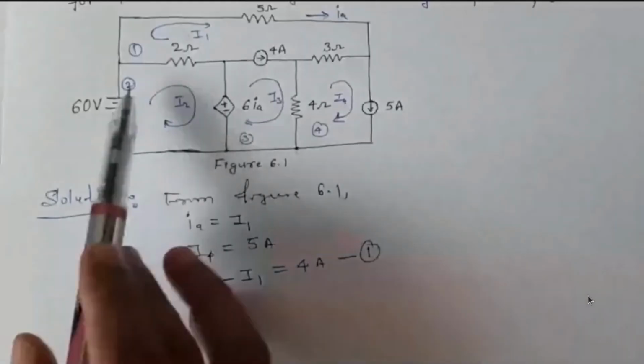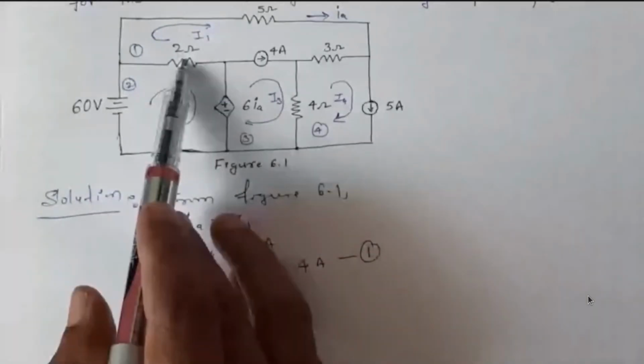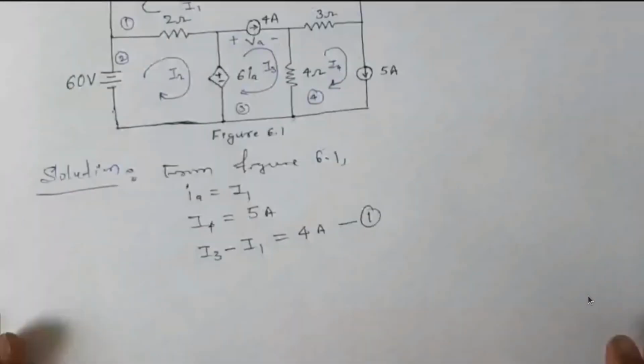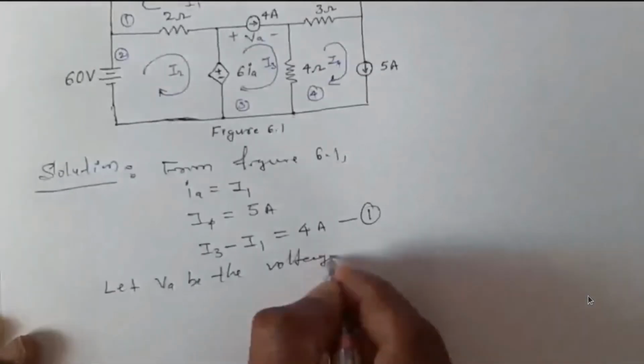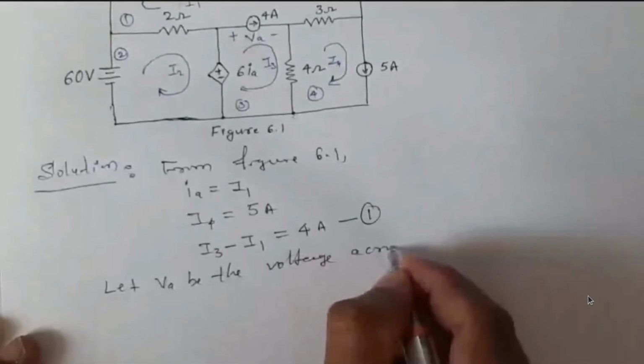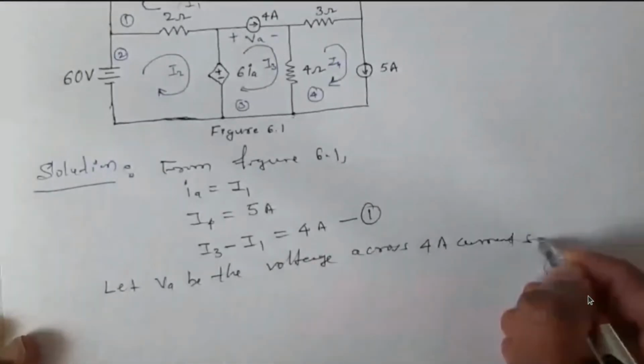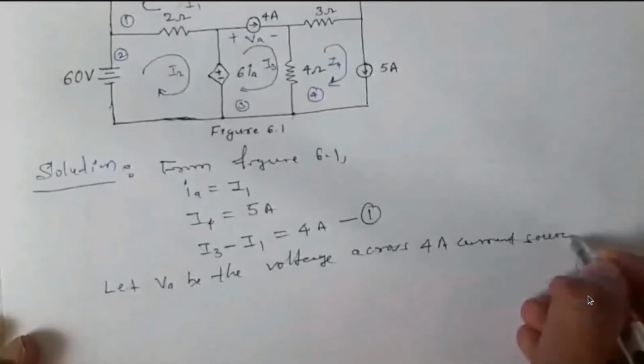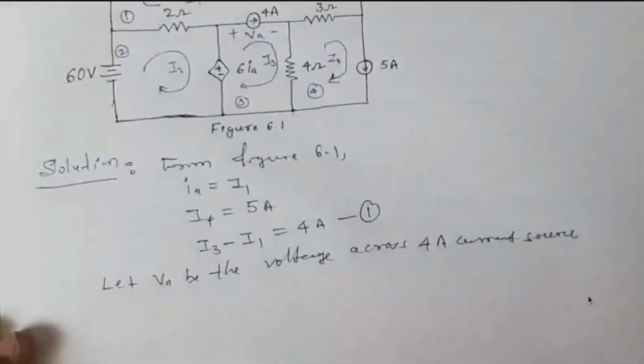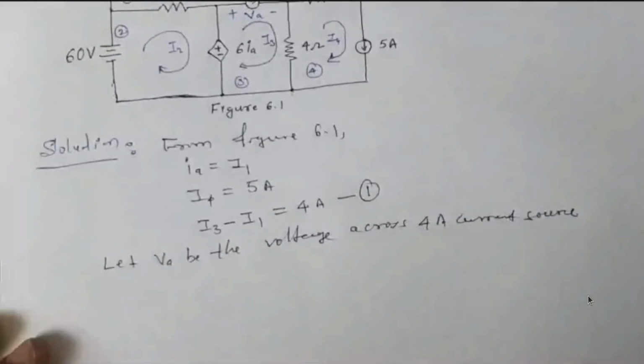Means there are 3 unknowns. We should arrive at 3 equations. So before that, let VA be the voltage across the 4 ampere current source.